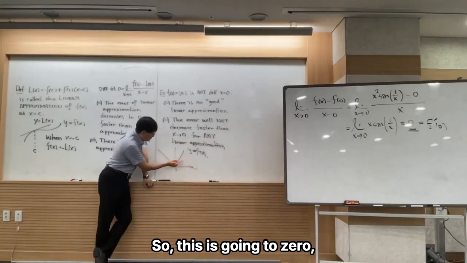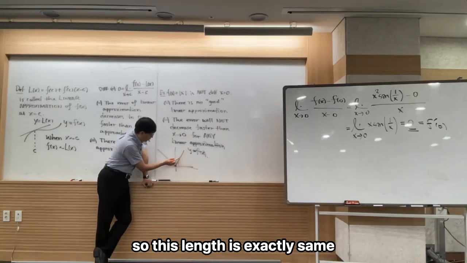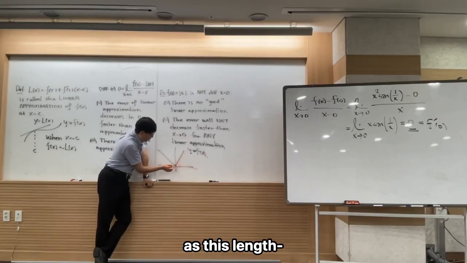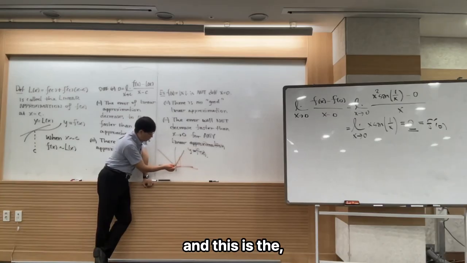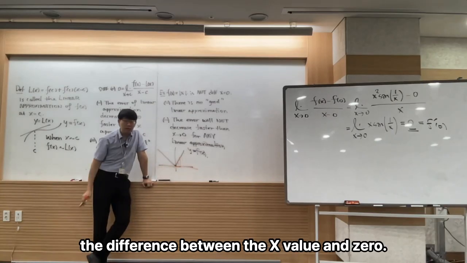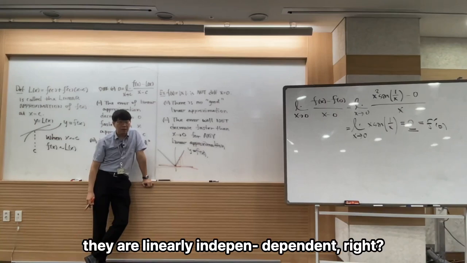Here the slope is at a 45-degree angle. So this length is exactly the same as this length, which is the error between the two functions, and this is the difference between the x value and 0. So they are the same, linearly dependent.